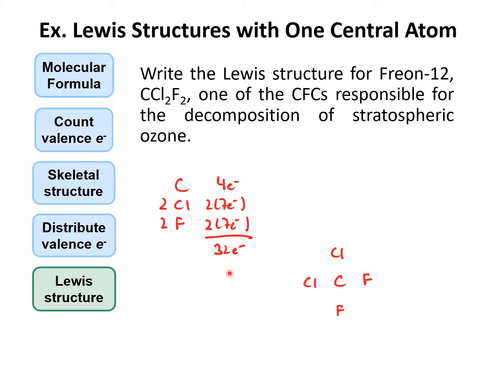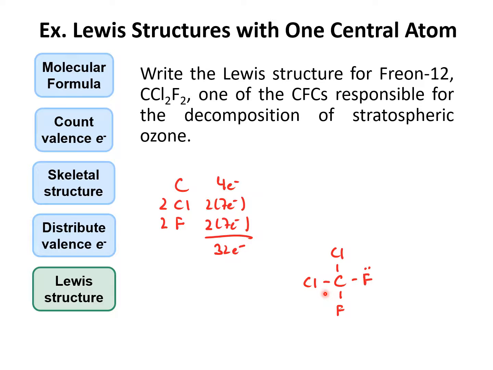The next step is to join the atoms in our molecule with chemical bonds, like so. And we should recall that in each chemical bond we have 2 electrons. And so we have in bonds 2, 4, 6, 8 electrons distributed. Next we will add our lone pair electrons.